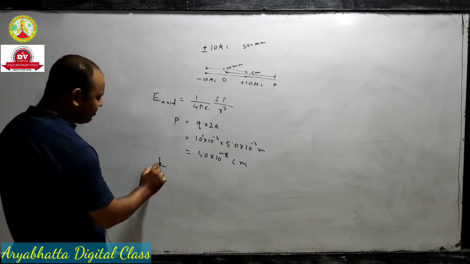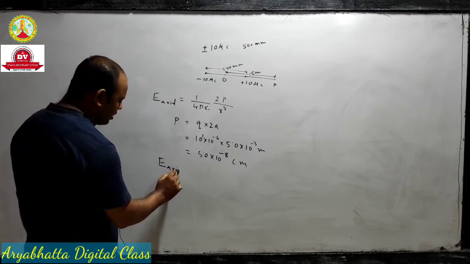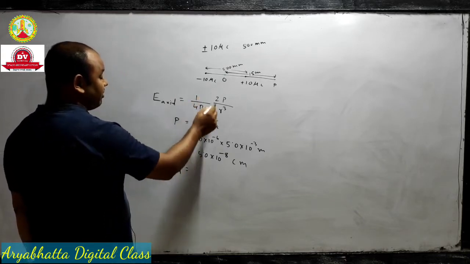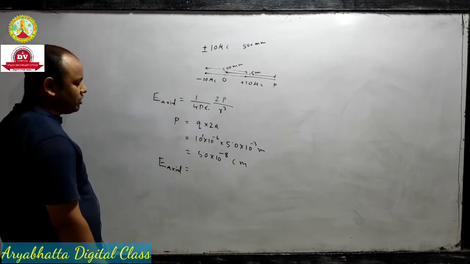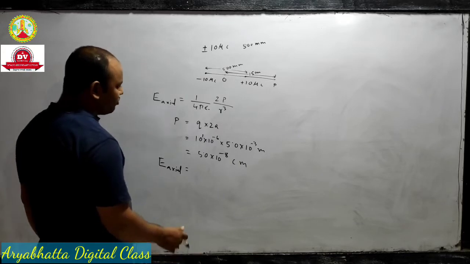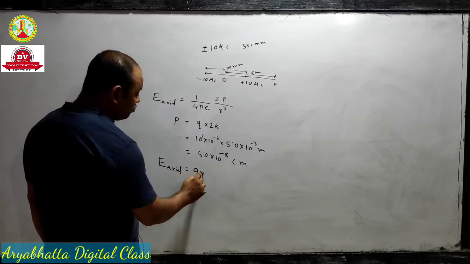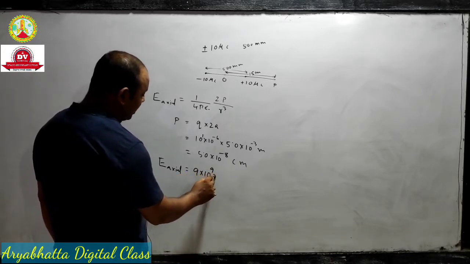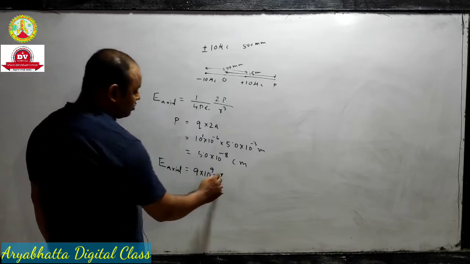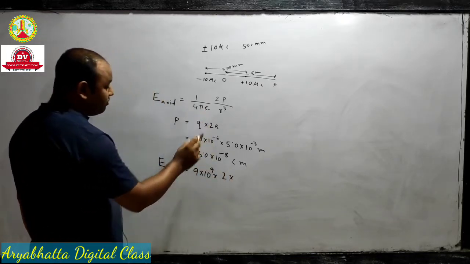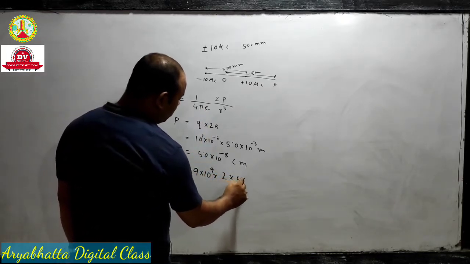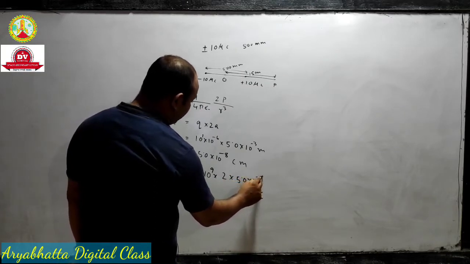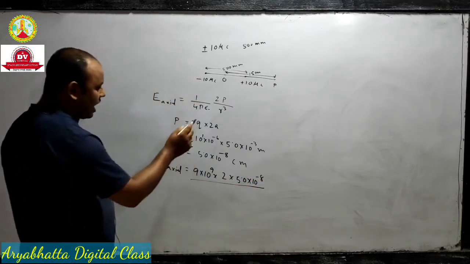Electric field at that point will be, what is the value of 1 by 4 pi epsilon naught? The value of 1 by 4 pi epsilon naught is 9 into 10 to the power 9. Okay, and the value of P is 5.0 into 10 to the power minus 8, divided by R cube.